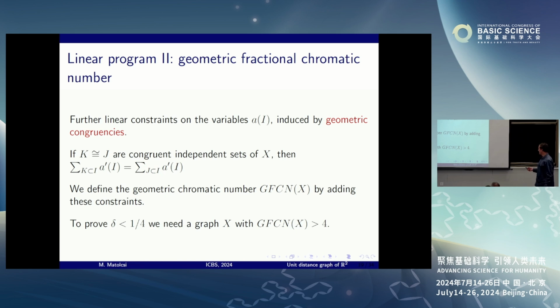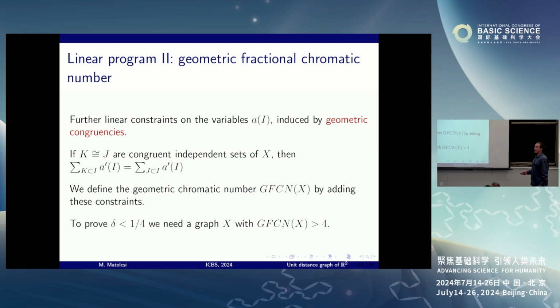And then just as before with the two square root of 3 having the same histogram probabilities, you can convince yourself that if they are congruent to each other, then the sum of those atoms where the independent set contains k is the same as the sum of those atoms which contain j. So because of the underlying geometry of the problem, it gives you all of a sudden new linear constraints between your variables. So you can define a new concept of geometric fractional chromatic number by simply adding these constraints to your LP.